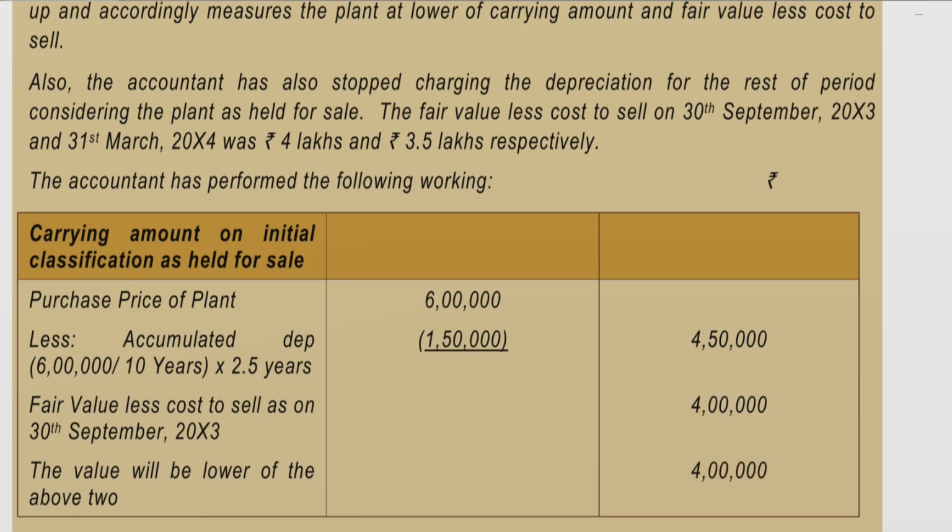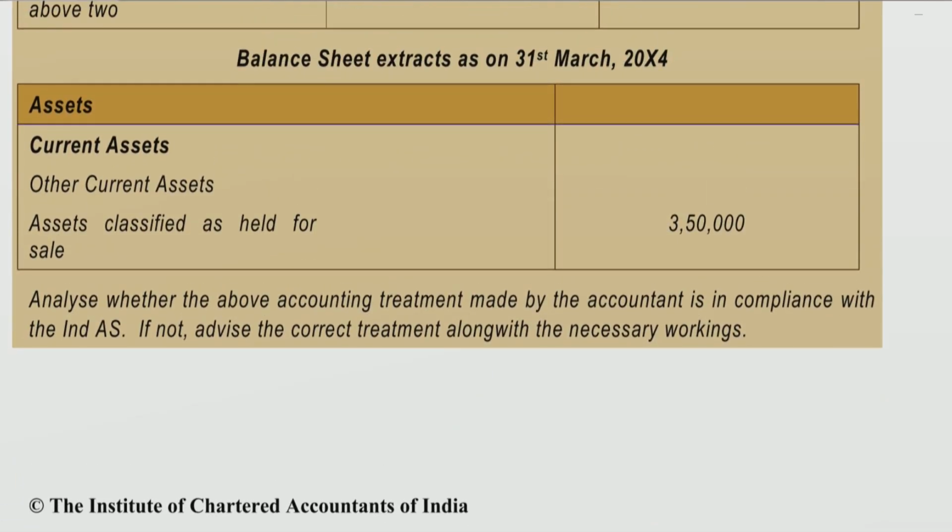Now this is what they have done. Then at the later date, because the fair value less cost to sell has come down to 3,50,000, they have valued it at 3,50,000. Analyze whether the above accounting treatment made by the accountant is in compliance with the Ind AS. If not, advise the correct treatment along with necessary workings.